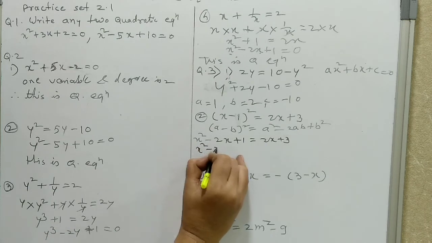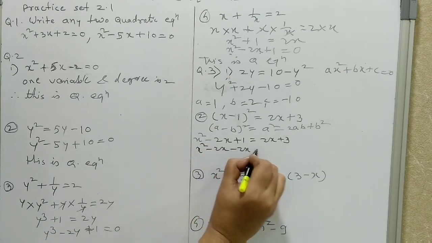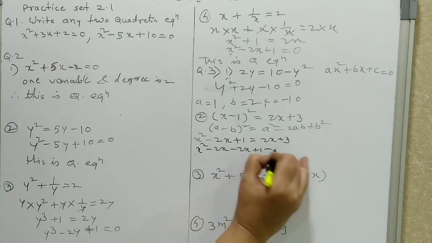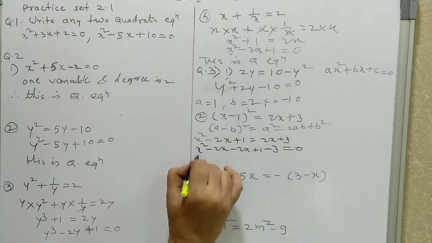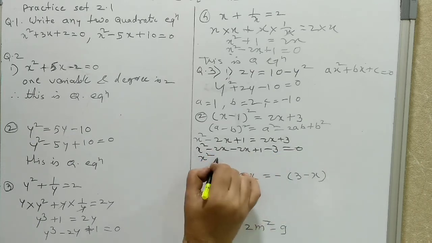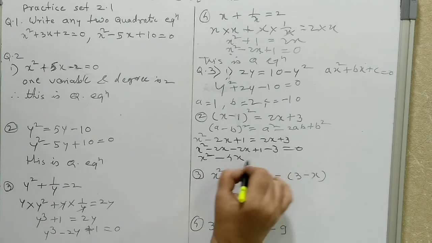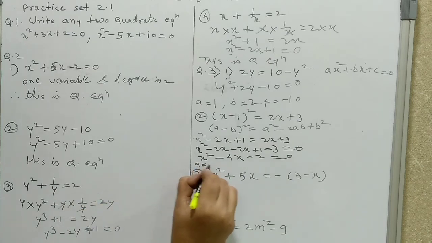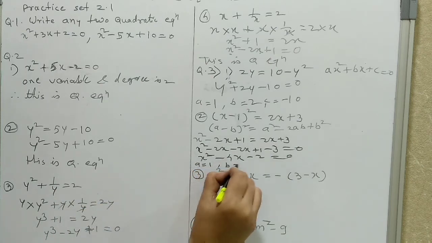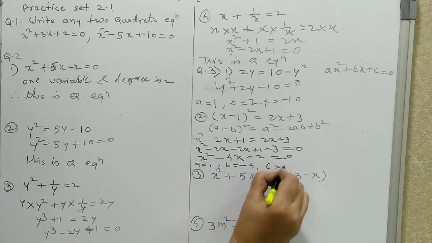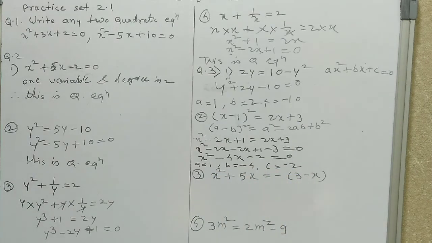So x square minus 2x minus 2x plus 1 and minus 3 is equal to 0. So x square minus 4x plus 1 minus 3, minus 2, equal to 0. This is the standard form. Now the value of a is 1, value of b becomes minus 4 and value of c becomes minus 2.